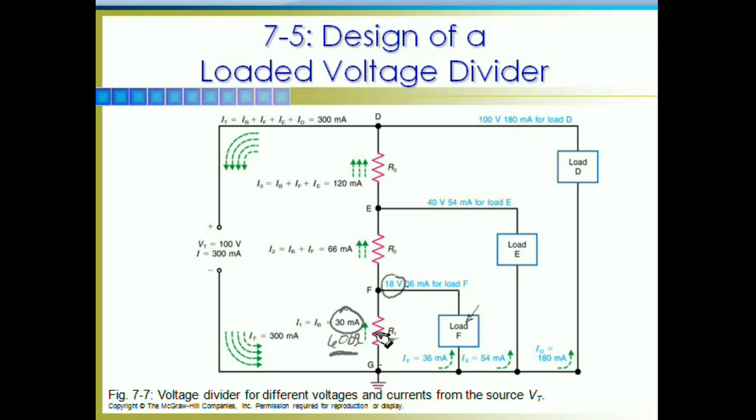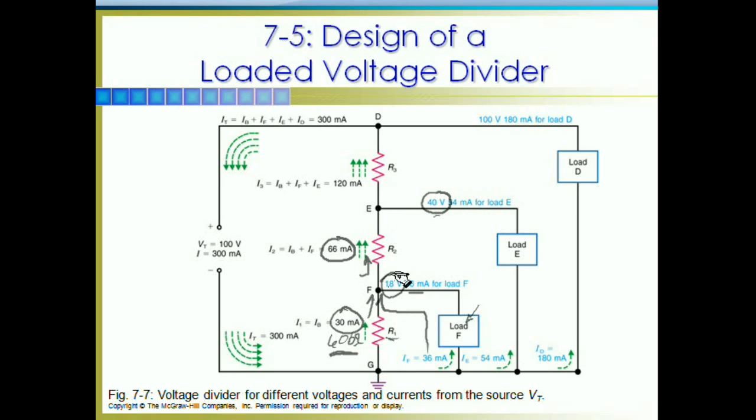Now R2 has got to support that 30 milliamps and an additional 36 milliamps, because remember, current flows from both sides. So R2 is going to have 66 milliamps running through it, and my voltage drop between point E and point G has got to equal 40 volts.